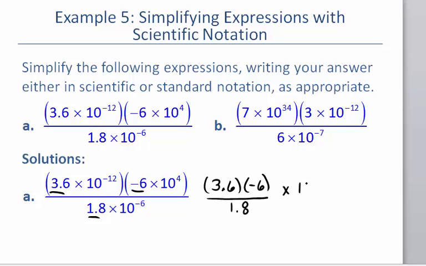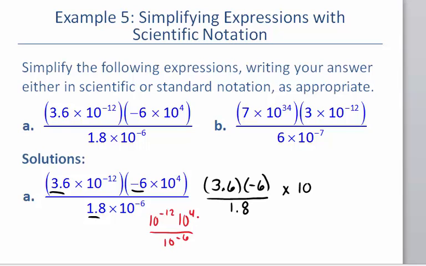And then we're going to work on the power of 10 that we need. So let's remember our laws of exponents, and let's look at what we have here. We have a 10 to the negative 12th, a 10 to the 4th on the top, and a 10 to the negative 6 on the bottom.